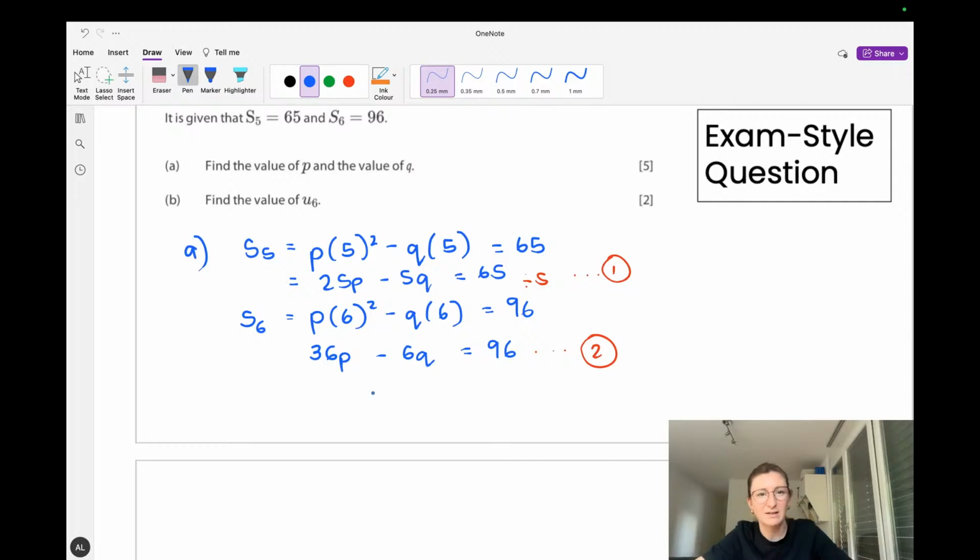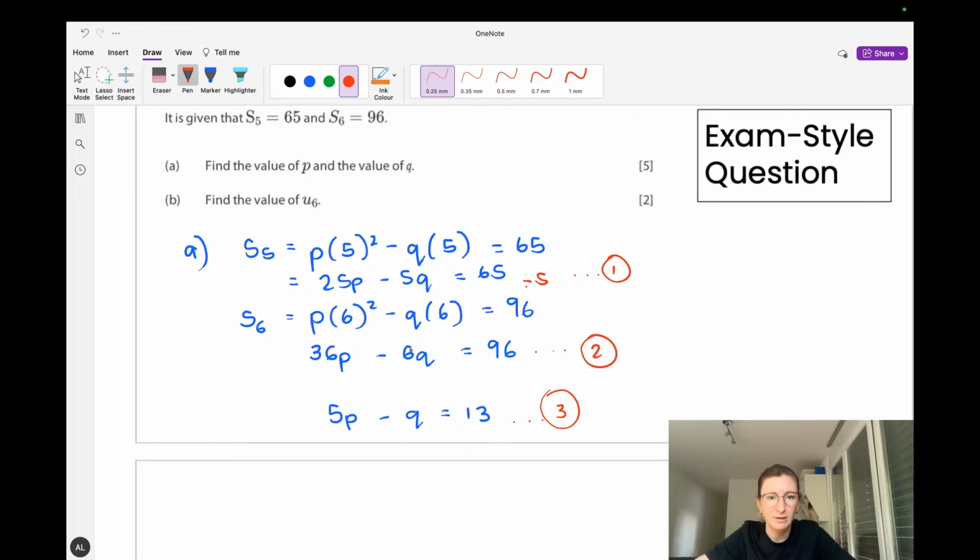So then we divided by 5. 5p minus q equals 65 divided by 5. Well, 60 divided by 5 is 12, so that's 13. That's now equation 3.